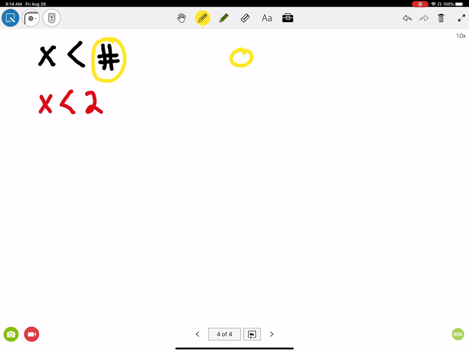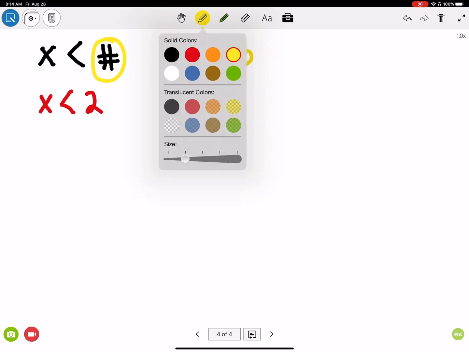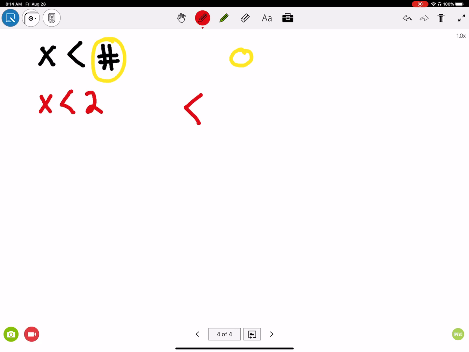Now, if x is less than, and I'm thinking about a number line, right? If I'm looking at a number line, which direction am I going to go to show less? Am I going to go to the left or am I going to go to the right? Less is always to the left.